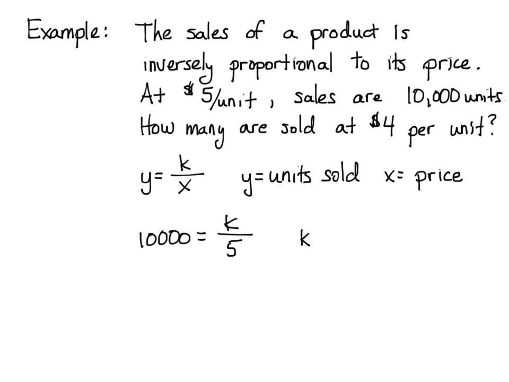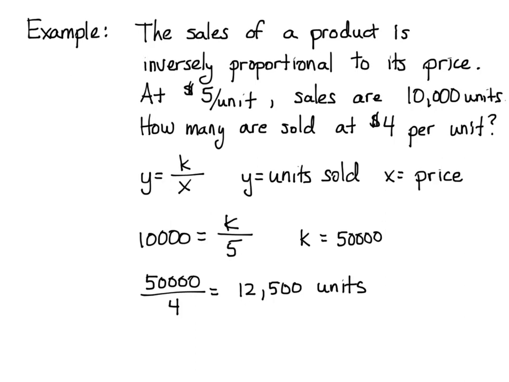And so we have 10,000 equals k over 5, where k equals 50,000. So k is our proportionality constant. And so then we can plug in 50,000 divided by 4 is 12,500 units. So you'd expect 12,500 units to be sold at $4 if this relationship holds.